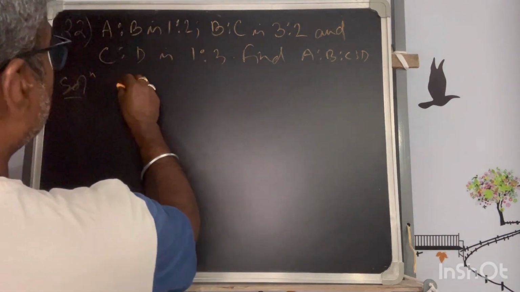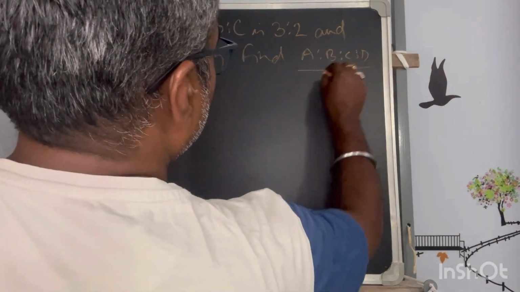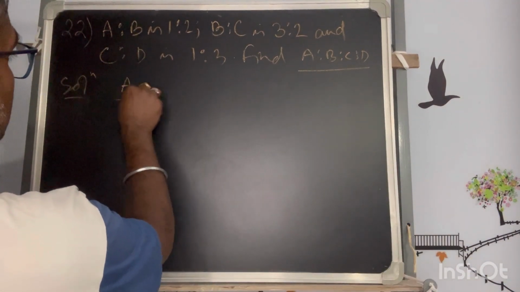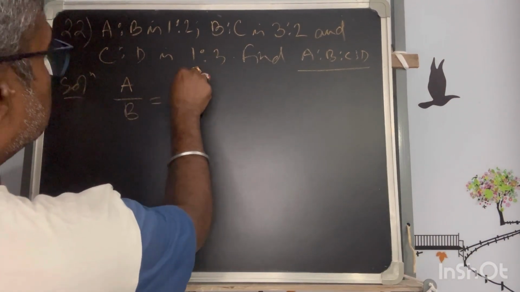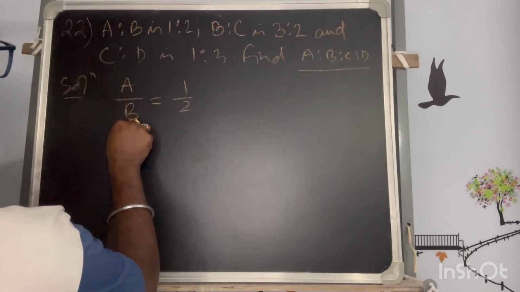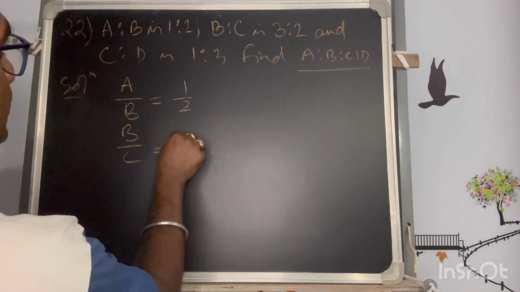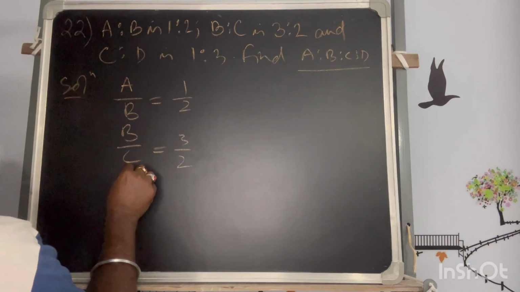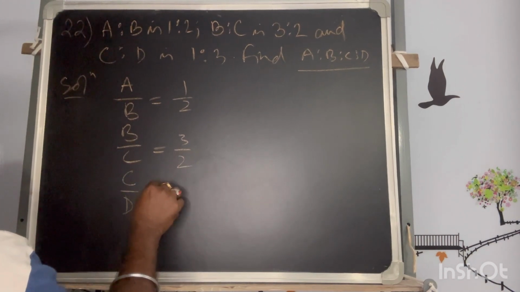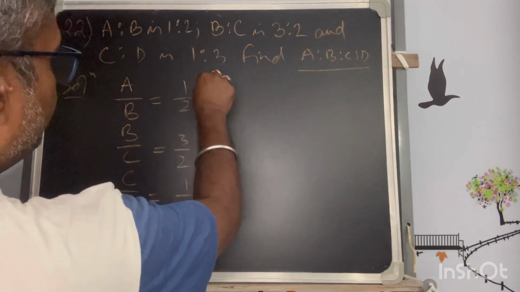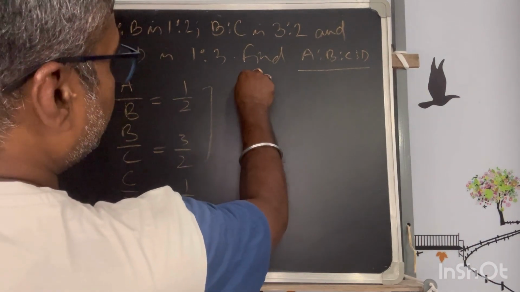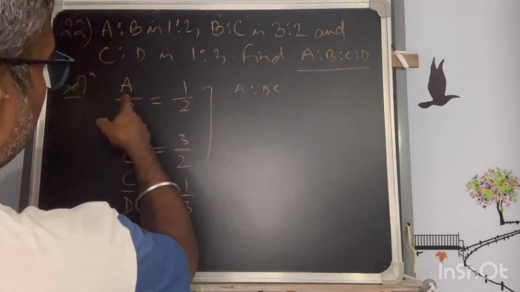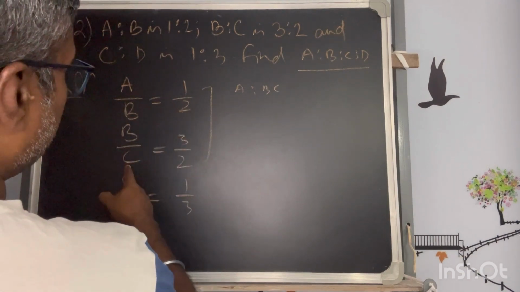Converting all in one term may be possible, because A is to B is given, B is to C is given, and C is to D is given. One method is that first we work with these and find A is to B is to C. You have to find A is to B is 2, B is 2 here and 3.